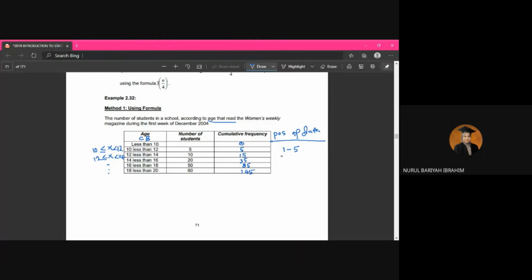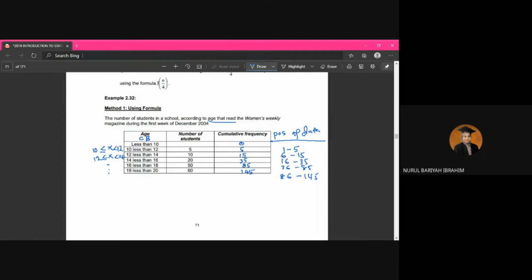It is 6, right? 6 to 15 for this column, 16 to 35, 36 to 85, and 86 until 145. Means that 1 to 5 here contains the first data until the fifth data.